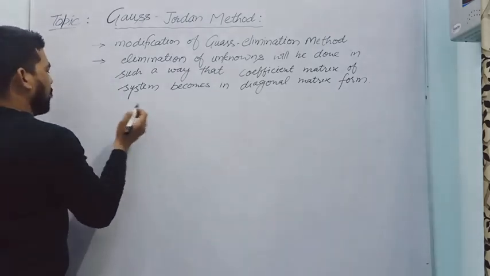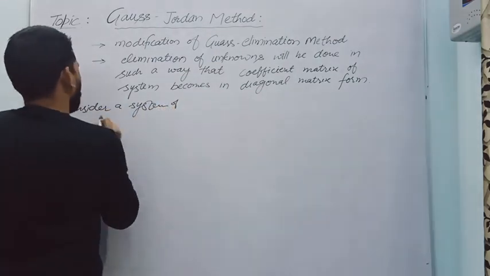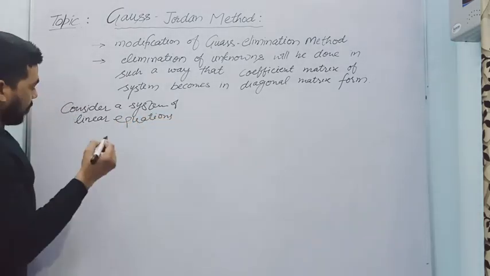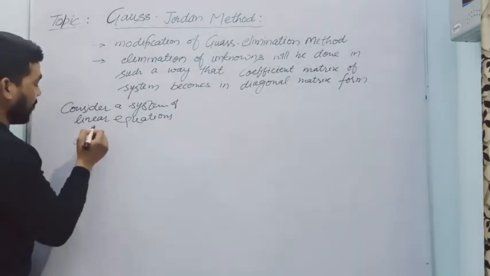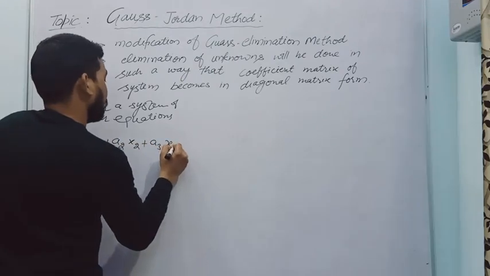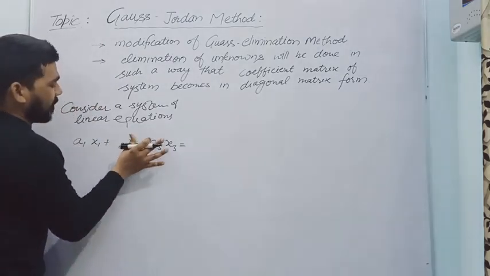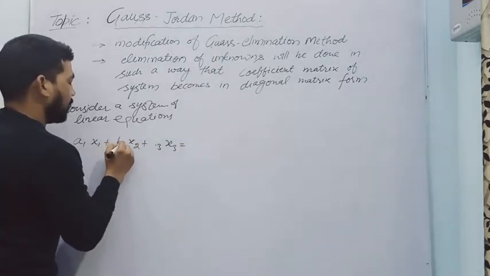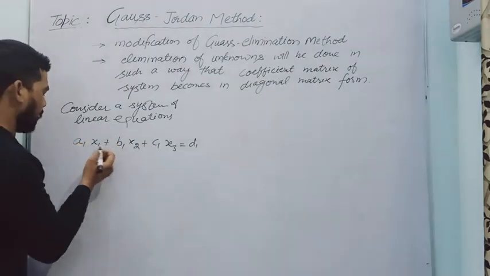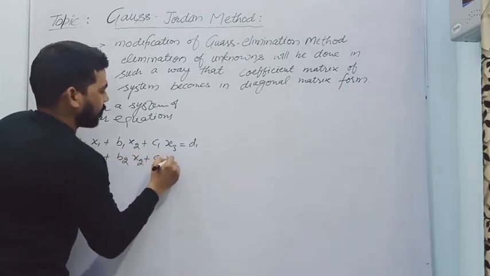So suppose, let me talk about the system. Consider a system of linear equations. Considering the constants, I write the first equation with coefficients A1, B1, C1 and constant D1. Then in the next equation I take A2, B2, C2 and D2.